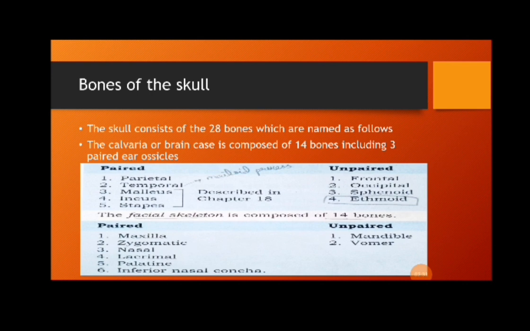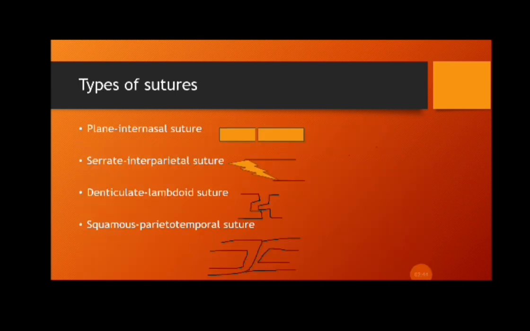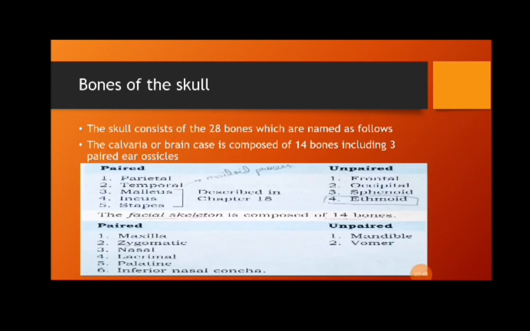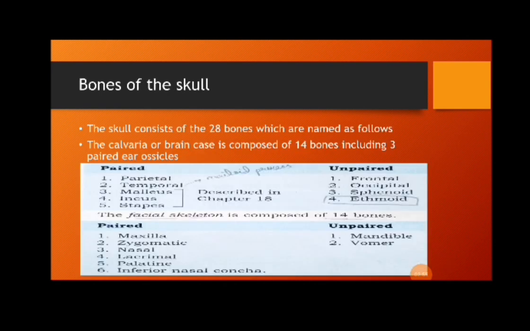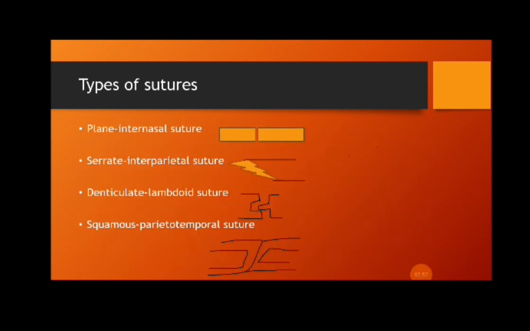So, in that, paired ones are maxilla, zygomatic, nasal, lacrimal, palatine, inferior nasal concha. Unpaired are mandible and vomer. We'll see all this in the upcoming slides one by one, but first we'll go in brief about the introduction and in total the views, how it looks from above, side, lateral, and all.